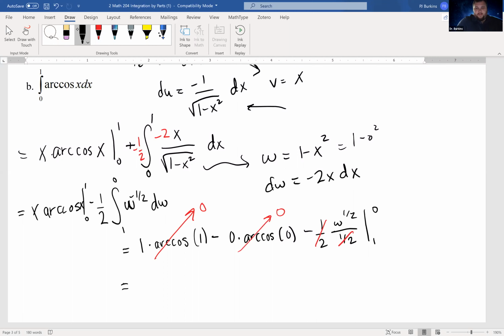And we are left with minus w to the 1/2 evaluated from 1 to 0. So we plug in 0 first. And then we would have minus a negative 1 to the 1/2. So again, 0 and minus the negative is 1.